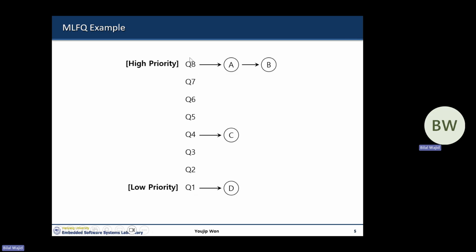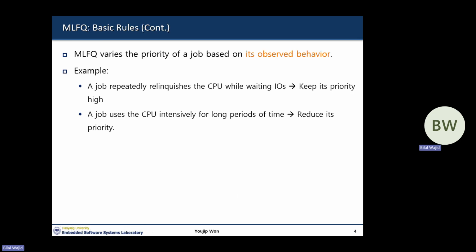In this instance, looking at rule 1, A and B have higher priority than C and D, so A and B run. Within A and B, because they have the same priority, they run in round robin fashion. But the fundamental question is how do we introduce feedback?